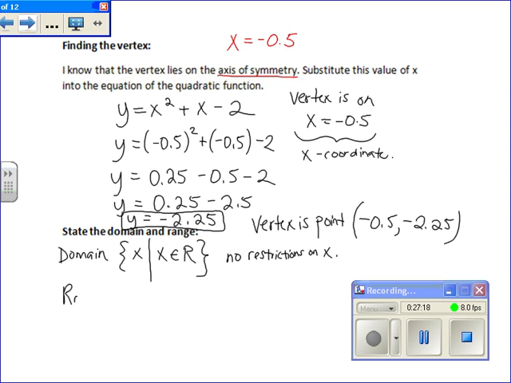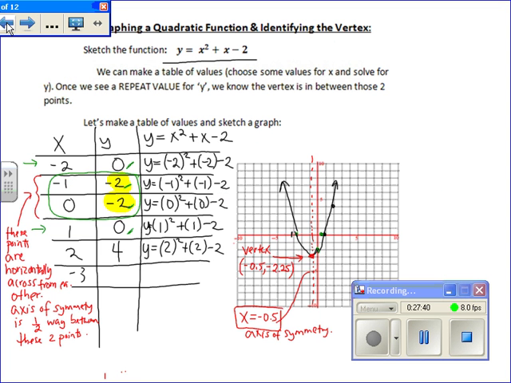The range is the range of your y values. So are there any restrictions on your y values? You will always have one restriction, which is that you will always have a maximum or a minimum value of y. Your vertex will always be the highest or the lowest value that you can possibly have for y. If we look at this graph that we did here, the vertex was the lowest point on the parabola, so it's the minimum value of y.